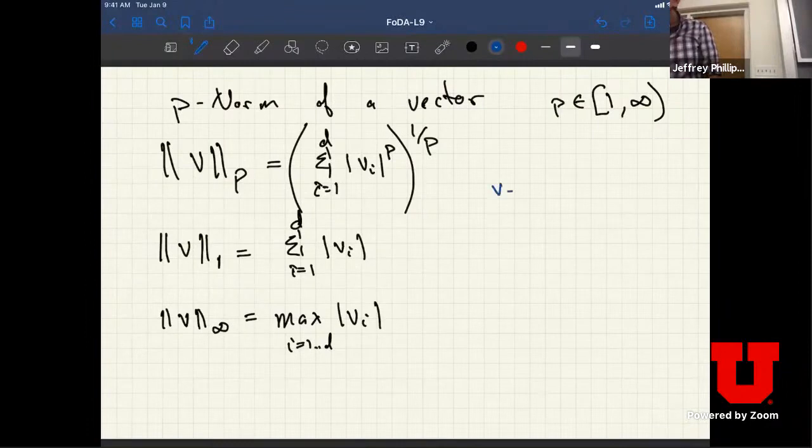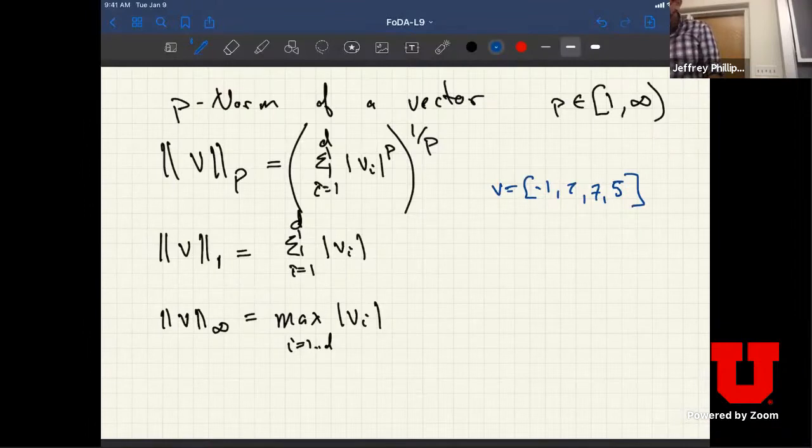Let's say v equals -1, 2, 7, and 5. Let's start with the 1 norm. This one's pretty easy.